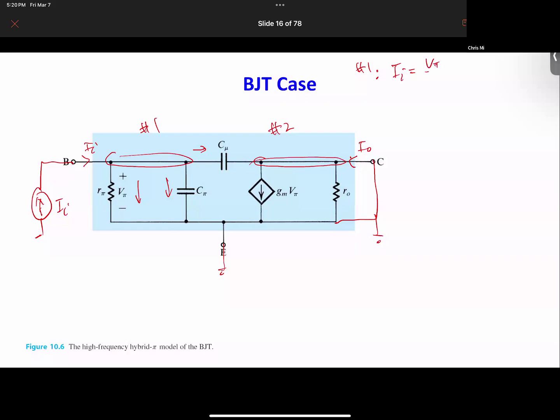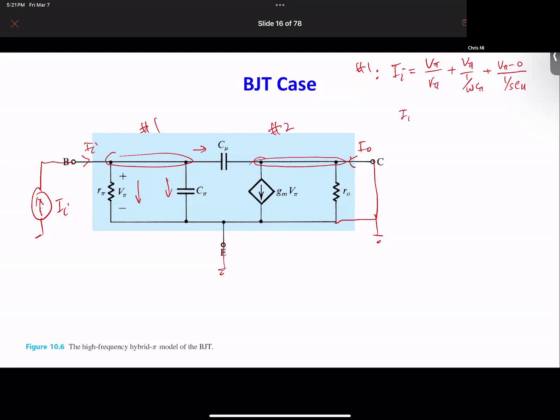So one is V pi divided by R pi, plus V pi times S C pi, plus V pi minus 0 divided by 1 over S C mu. So that's equation number 1.